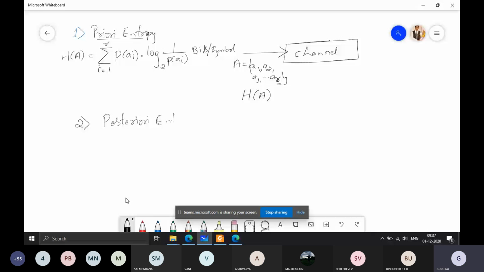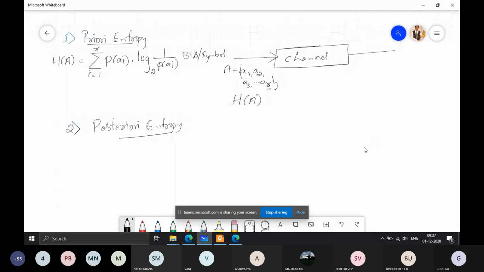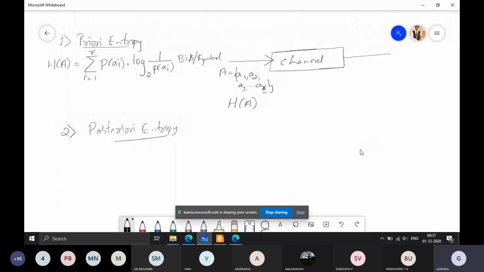Remember, as the name indicates, posteriori means after transmitting these symbols. Once you receive a particular output symbol Bj, what is the information conveyed?